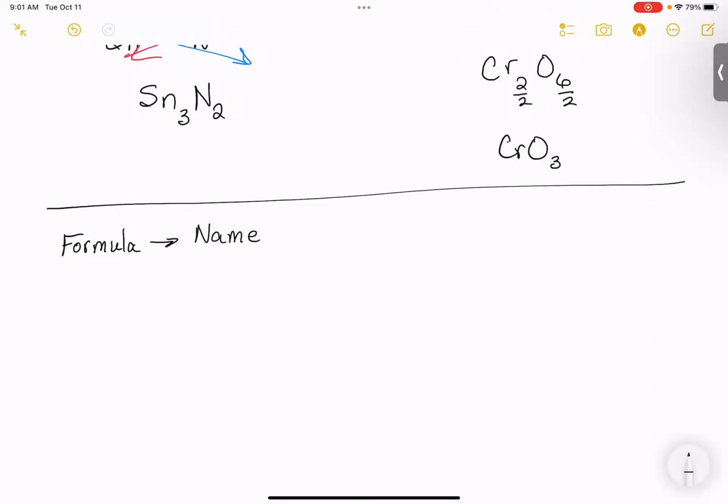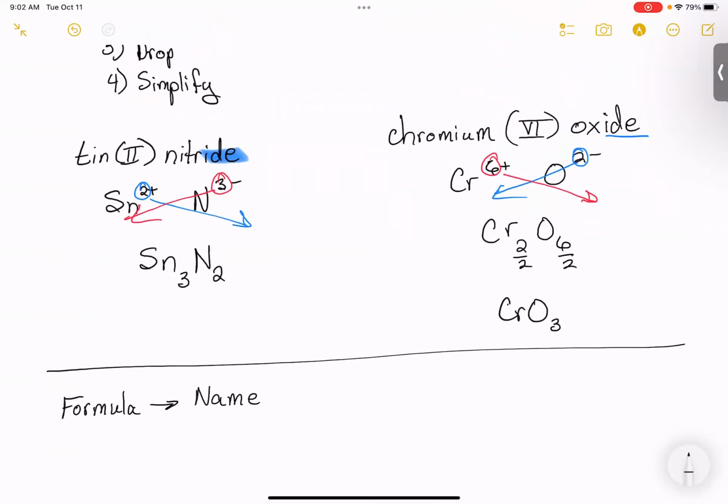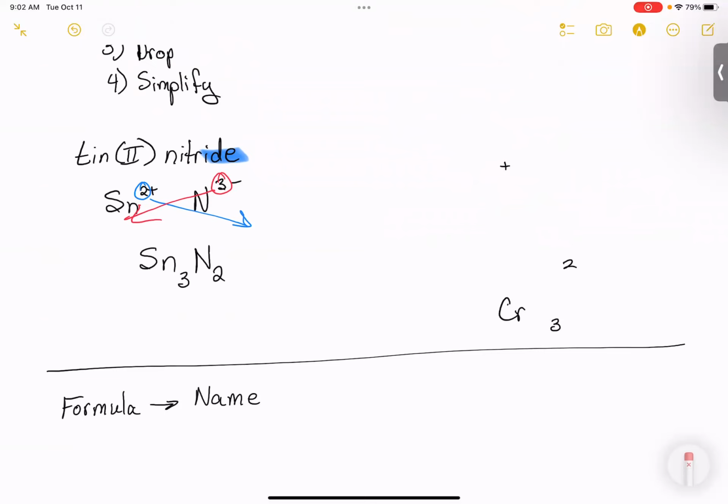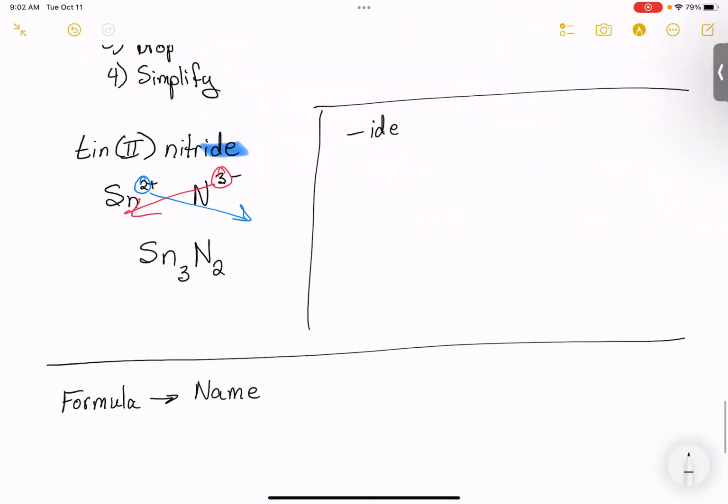Okay, so the ides that are not elements. There are 3.